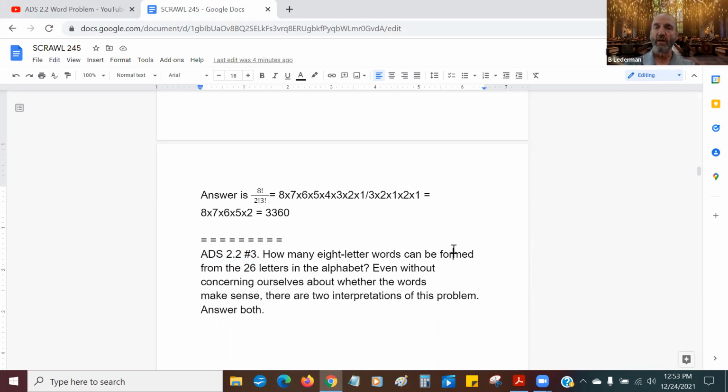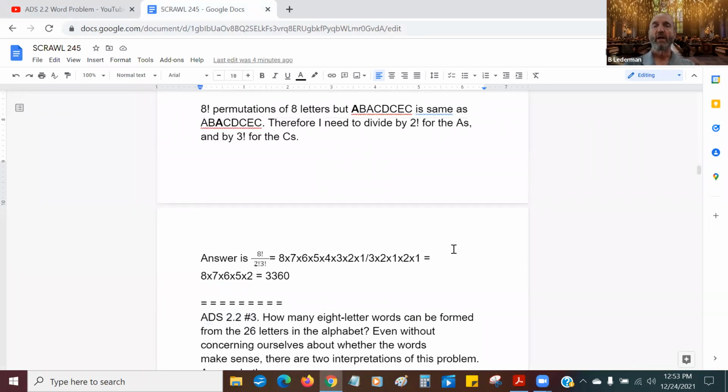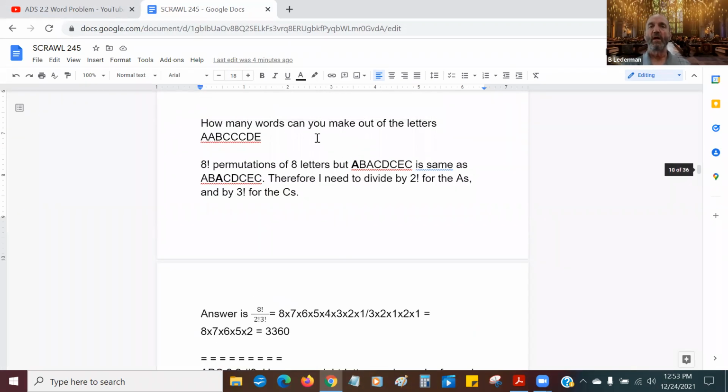See above here, we had a problem: how many words can you make out of the letters A, B, C, C, C, D, E? And there was 8 factorial divided by 2 factorial, 3 factorial, which came out to 3360. But now we're doing a different question.